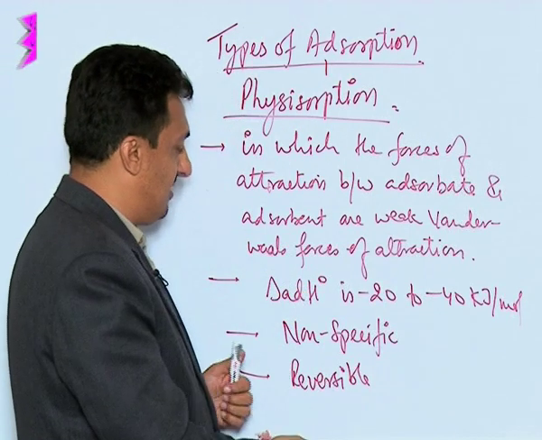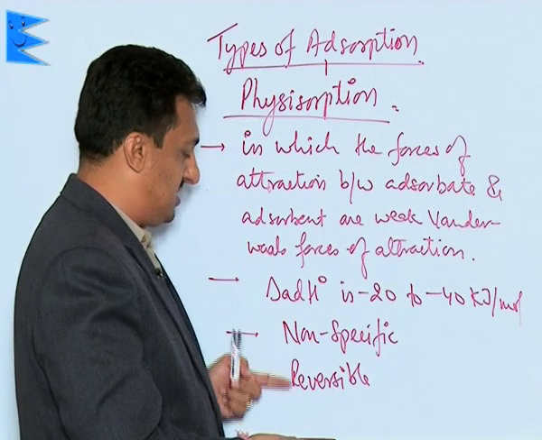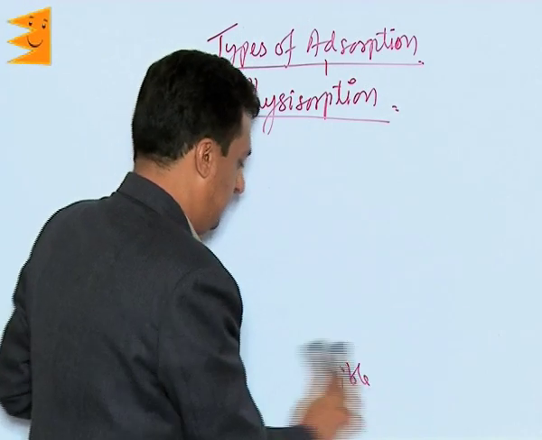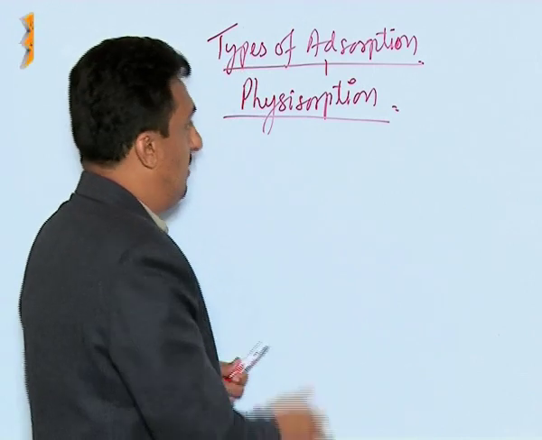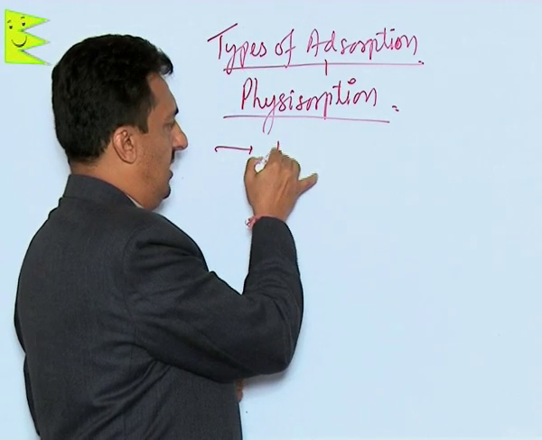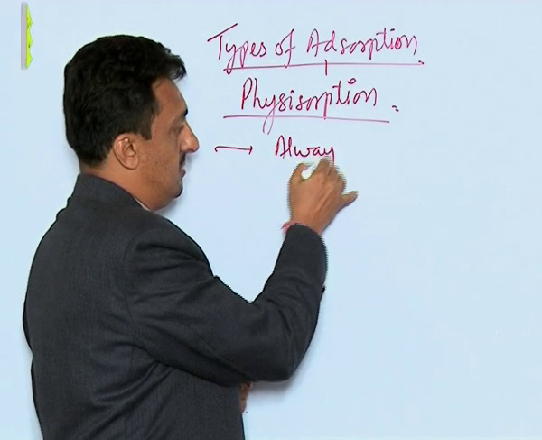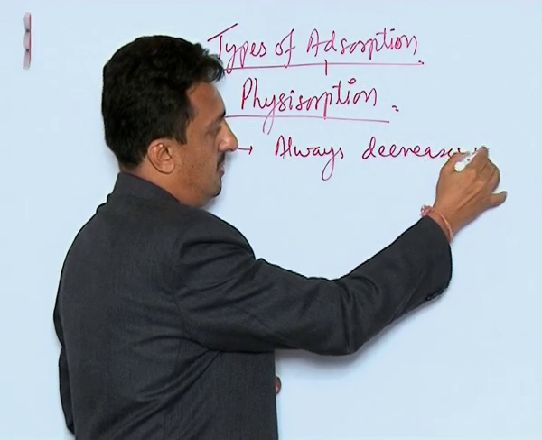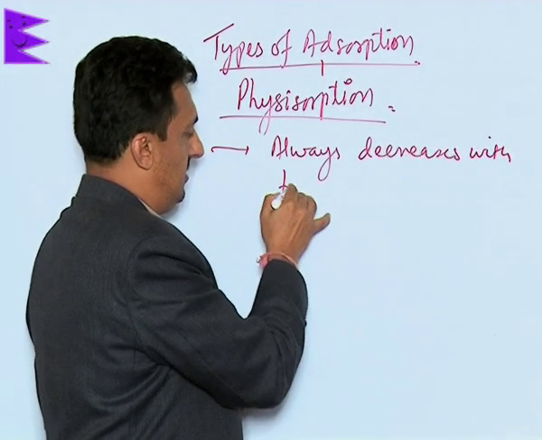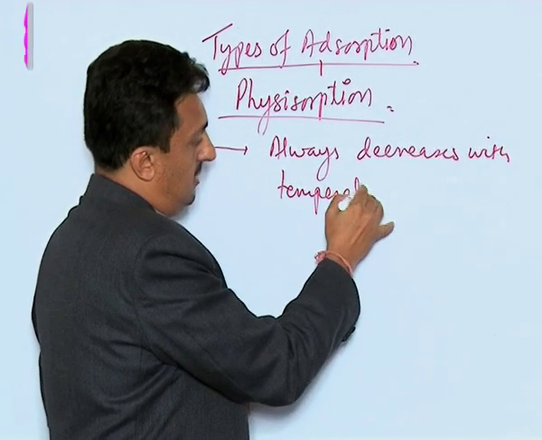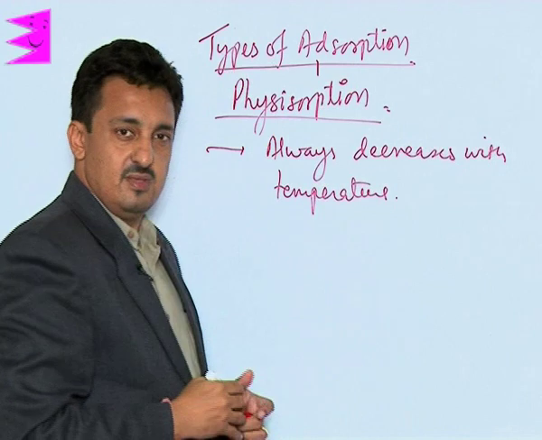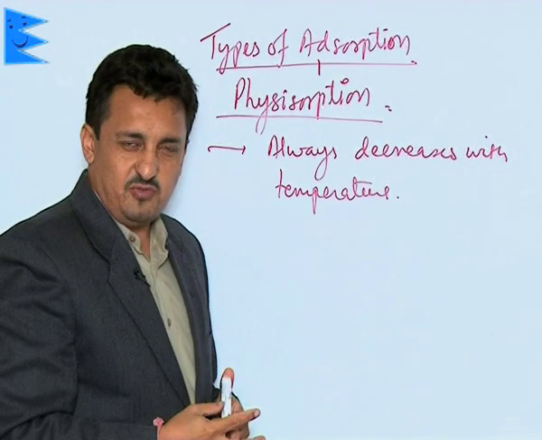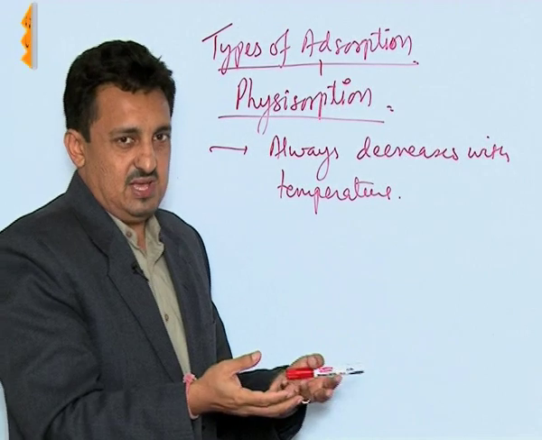There are a few other very important things, like I told you, non-specific, reversible. There are other things: physical adsorption always decreases with temperature, because minus 20 to minus 40 kilojoules of energy can easily be provided at room temperature.